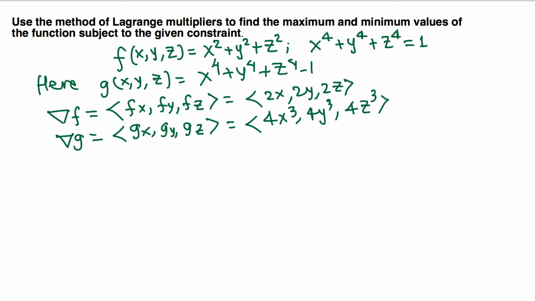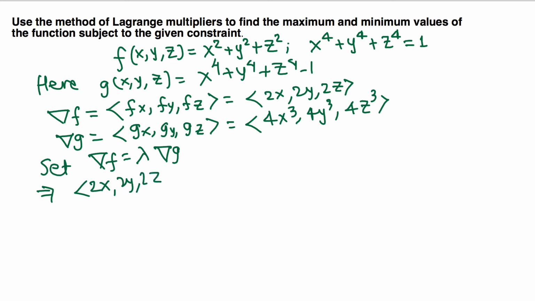Using the Lagrange multipliers, we said the following: gradient f equals lambda gradient g, and this constraint. So this is the same as 2x, 2y, 2z equals lambda times 4x cubed, 4y cubed, 4z cubed.